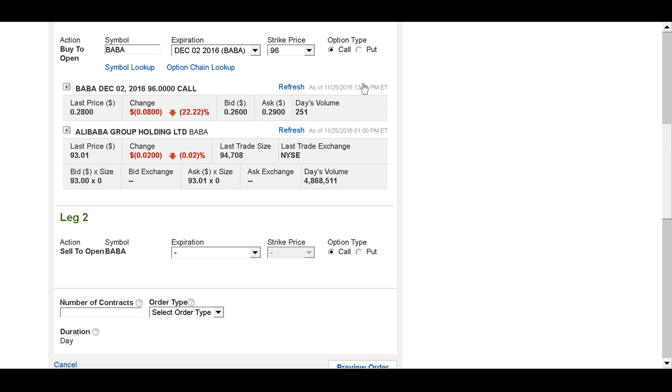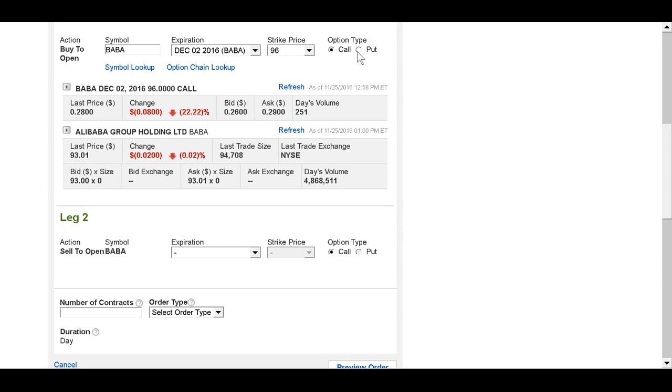You would never do that. So they have no intrinsic value, but these have 28 cents worth of extrinsic or time value, and again, you're paying for the hope or the potential or possibility that Alibaba might go up, and therefore your call option might go up.